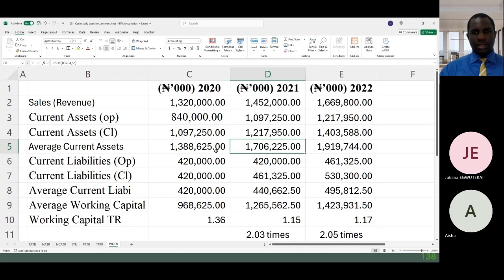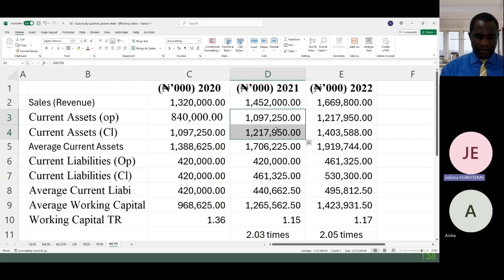Yeah, so the total is 21 because I'm using calculator now, not the Excel formula. So 1097250 plus 1217950 divided by 2 is 1157600.